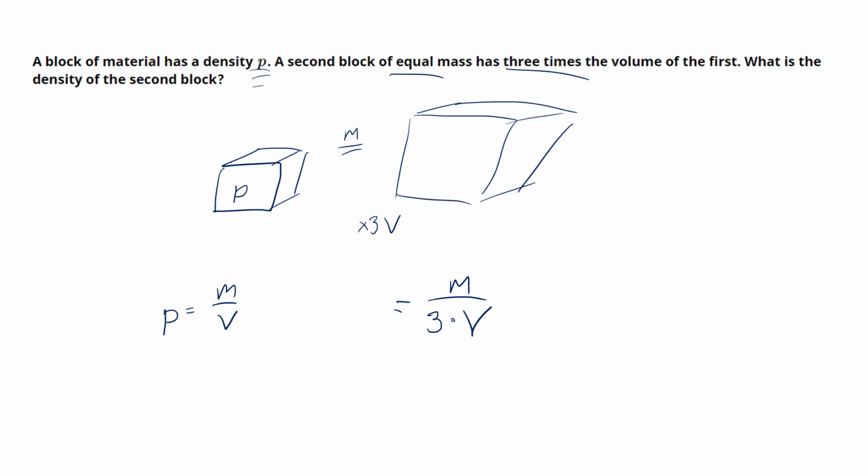Well, if P is M over V, this is going to be 1/3 P. Hey, and that is it. Easy. As the volume goes up, the density goes down, as long as the mass stays the same. Nice. So we don't need to worry about units or anything, because it's a wonderful theoretical question. Easy money. All right, you have fun with those density problems, you hear?